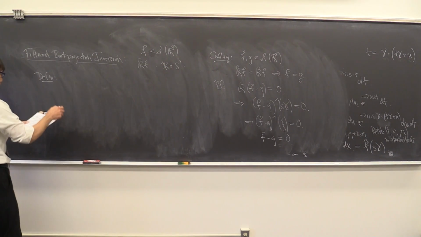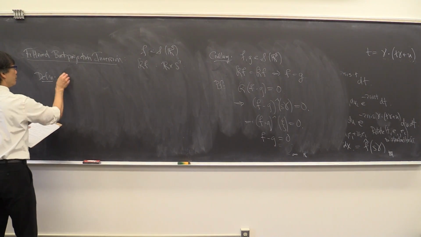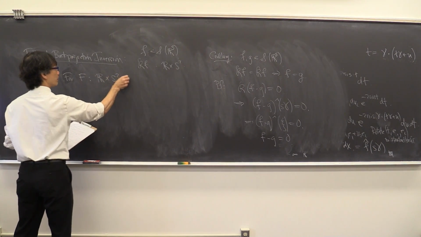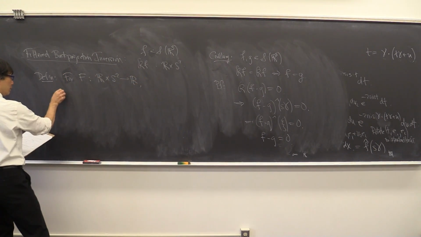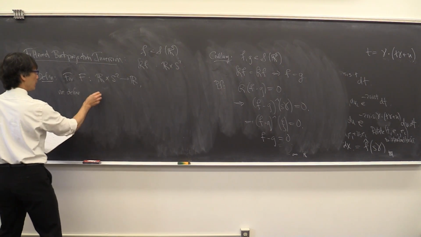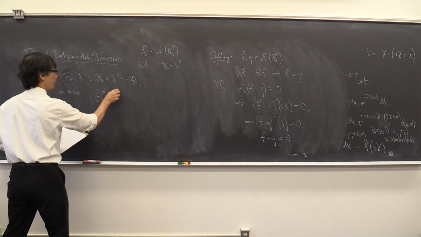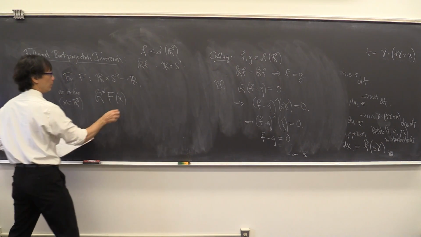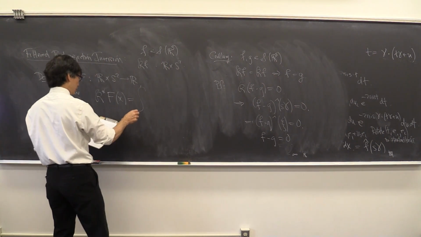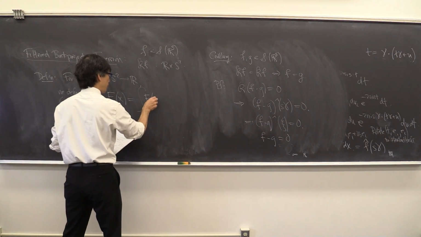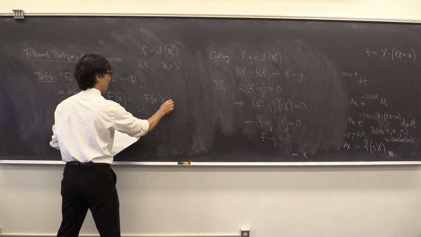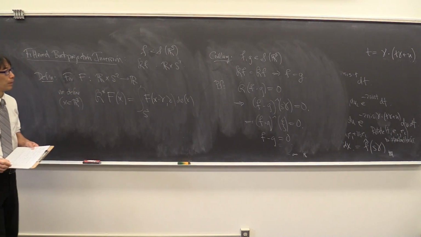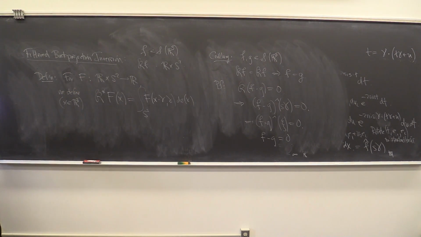So for f a function on R cross S2, we define the dual Radon transform of f at a point x in R3 to be the integral of f at (x dot gamma, gamma) d sigma of gamma over S2.